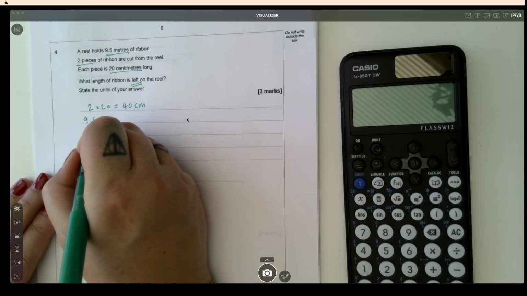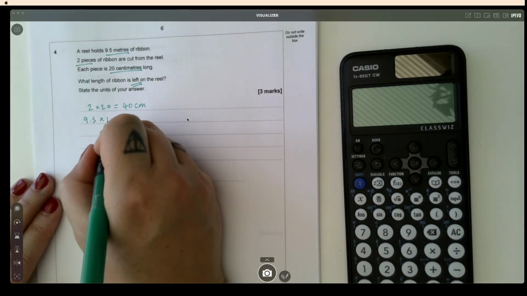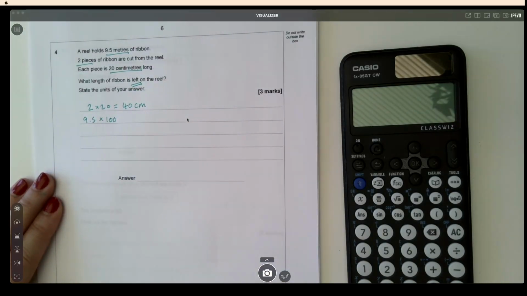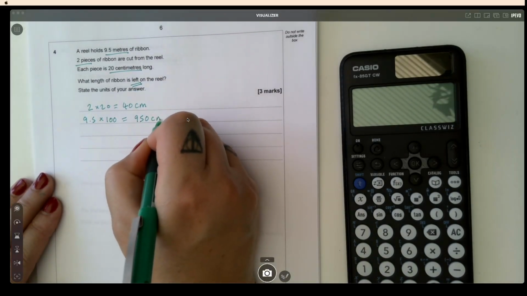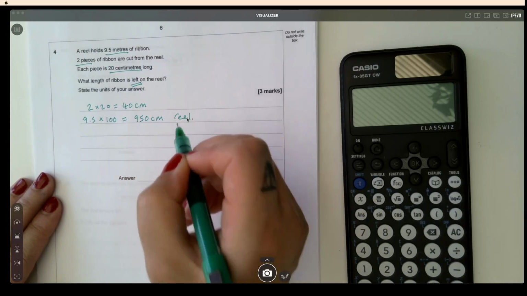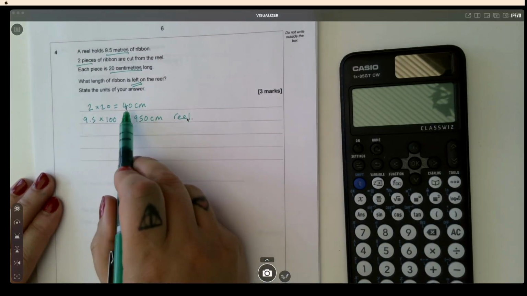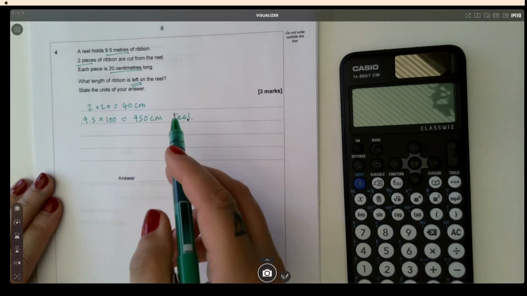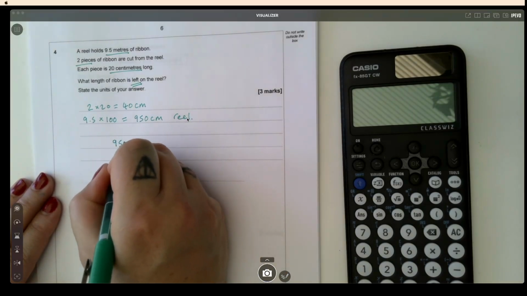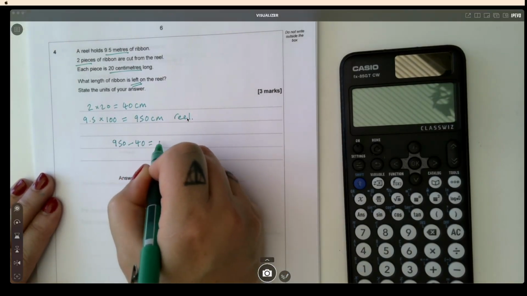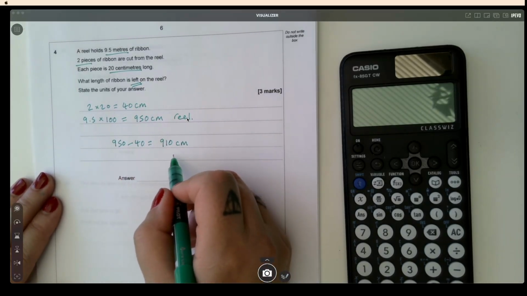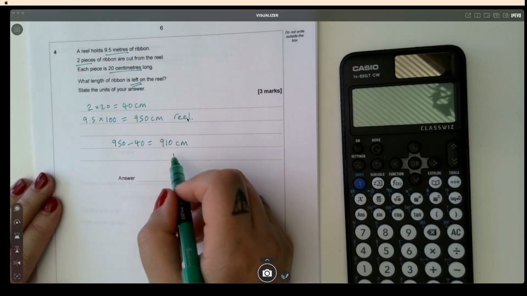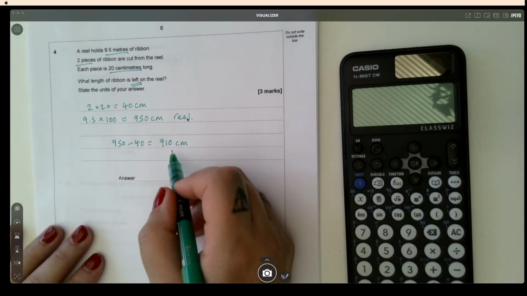So 9.5 times by 100, because there are 100 centimetres in a metre, tells us that there are 950 centimetres on the reel in total. So we're going to subtract 40 from 950. So 950 subtract 40 is 910 centimetres. So that's how much of the ribbon is left on the reel.